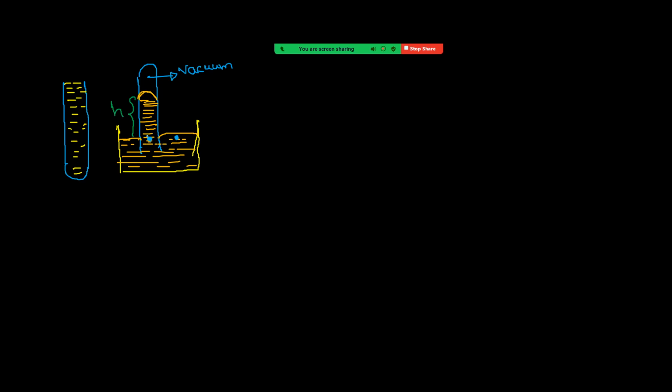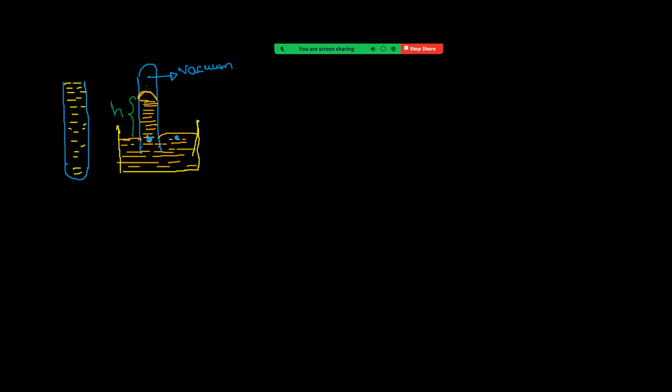When you're having mercury above the surface up to some height, there must be a force which is balancing the weight of the raised liquid. Weight of this raised mercury must be balanced by some force. And at this point there is no pressure. That means from the top there is no force acting.